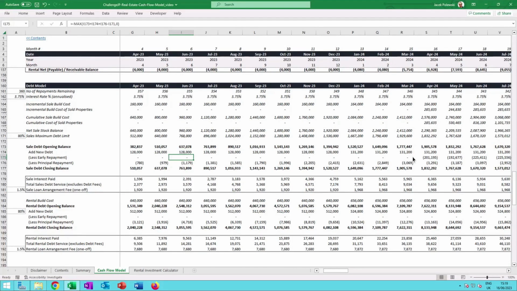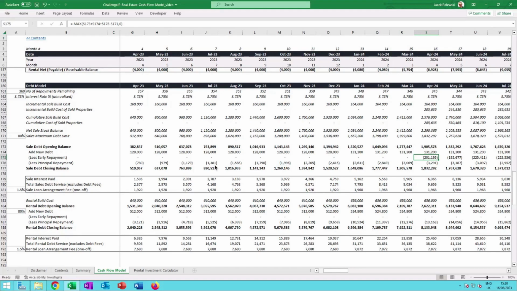So in case of the sales of the properties, not the rent of the properties, but of sales of the properties, the model will assume that, for example, here you start selling some of the properties that you draw the debt against, which means that the moment you receive the proceeds from the sale of those properties, you also have to repay any debt that was associated with those properties, because you can't secure your debt against them. Therefore, you have to repay your debt earlier.